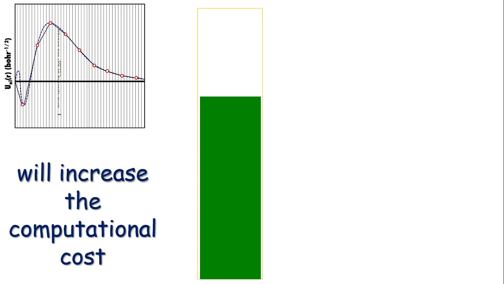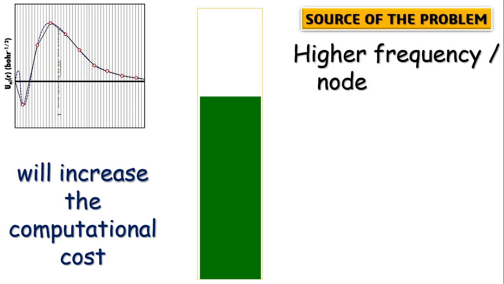So, the main problem arising here is because of the high frequency of the wave function near the core, or more technically speaking, the more nodes of the wave functions, the less will be the accuracy if the grid spacing remains constant. I hope that is clear to you. Up to that point, no confusion, I guess.